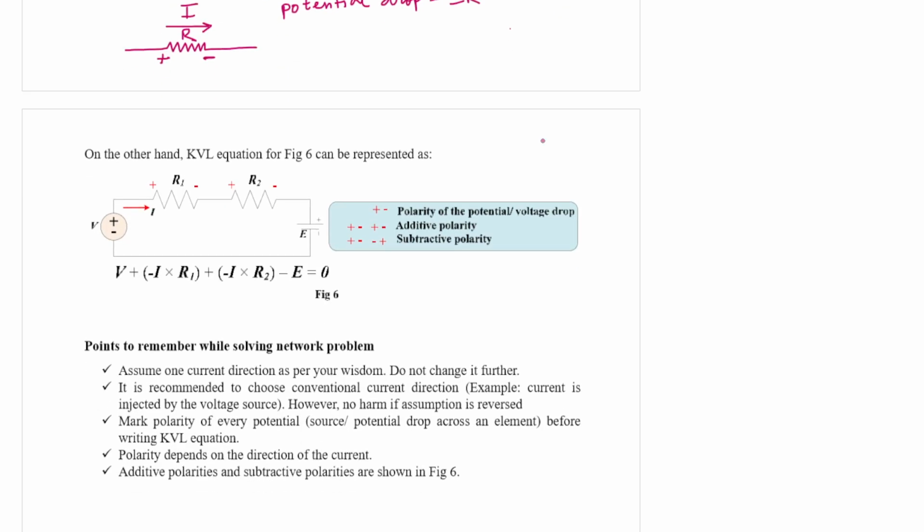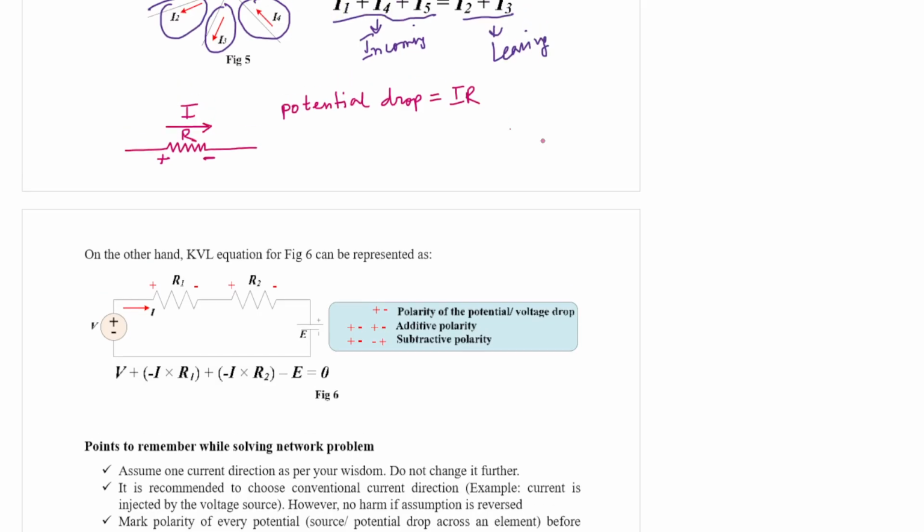So now, if two such potentials are arranged in this way, let us say this is one potential V1 and another potential is V2, this is called additive polarity.